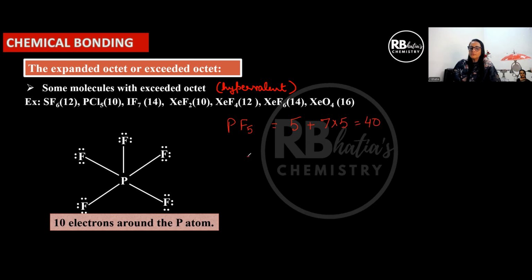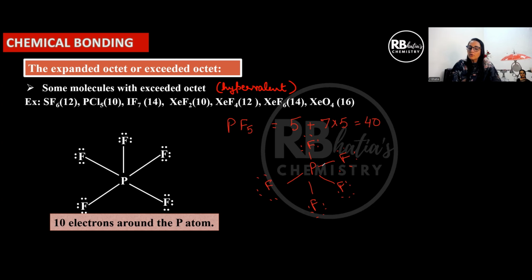I make the less electronegative atom the central atom and connect 5 fluorines with single bonds. This way, I complete the octet of all the surrounding fluorines. I put 6 electrons, since 2 are already seen in shared form. I put 6 more.